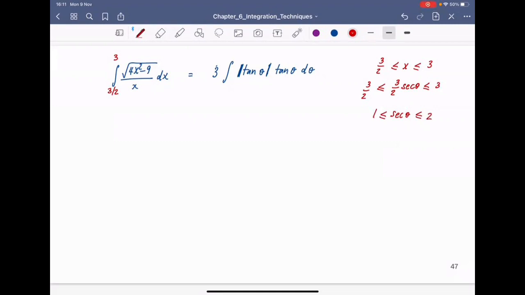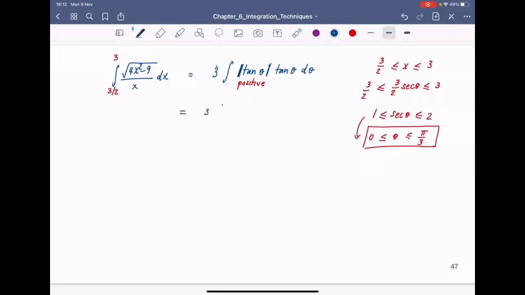When sec theta is between 1 and 2, theta is between 0 and pi over 3. Because sec theta equal to 1 means theta equals 0, and sec theta equal to 2 means theta is pi over 3. If theta is in between 0 and pi over 3, your tan theta is going to be positive all the way, because you are forced to use theta in between 0 and pi over 3 at the end.